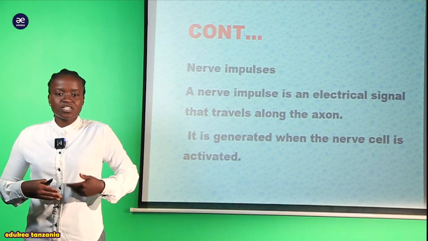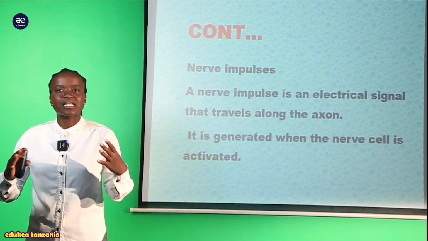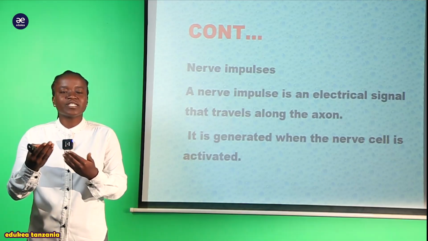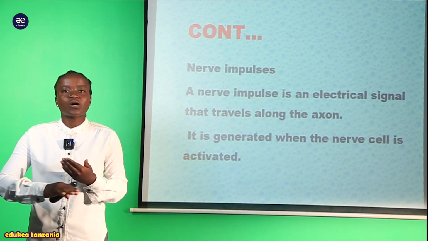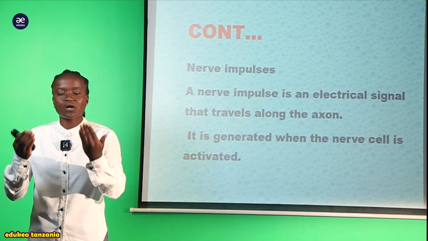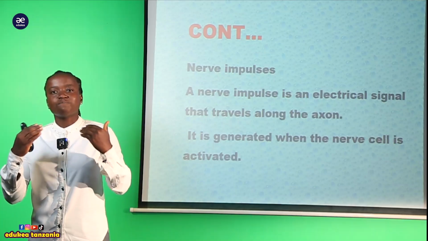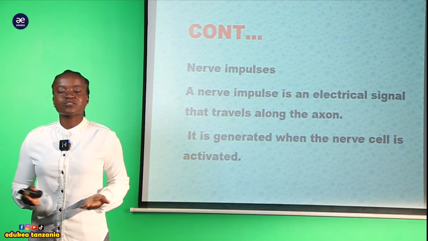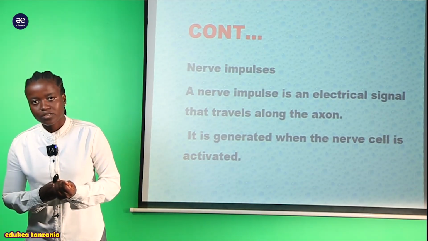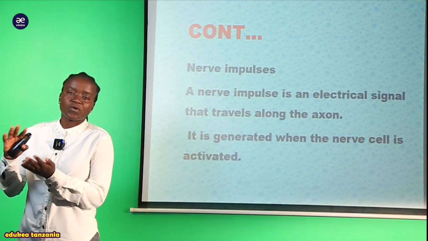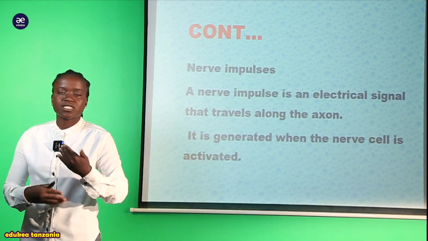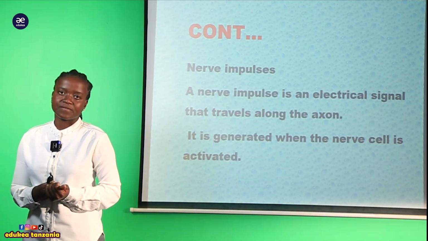Those electrical signals come from the environment and are transmitted or transferred from the stimulus into an electrical signal by the process called transduction. And thereafter it is transported into different parts of the body so that it can be integrated.